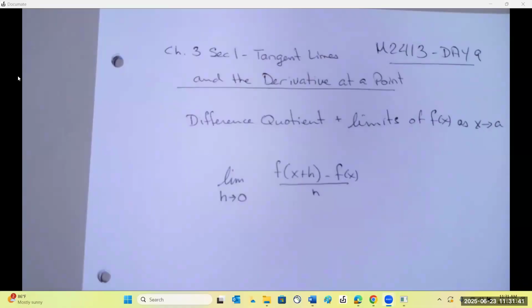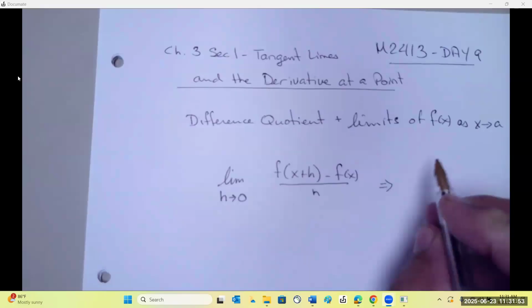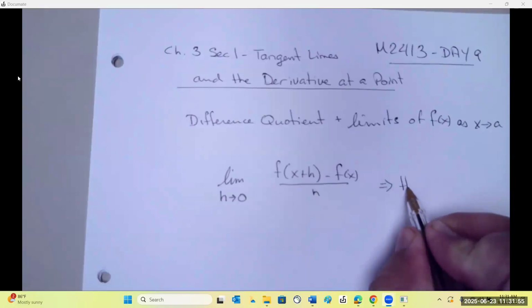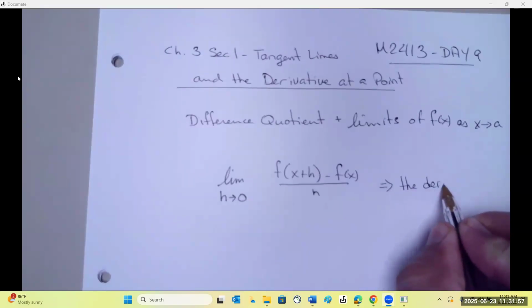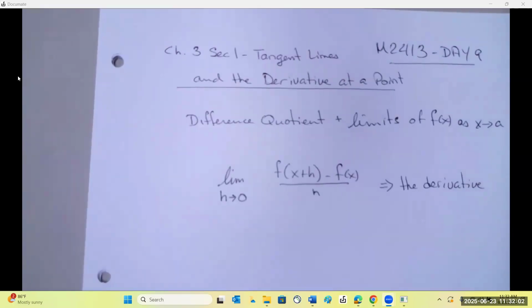If we put those two together, we now define what this first half of the course is about. That will lead us to defining what we call a derivative.